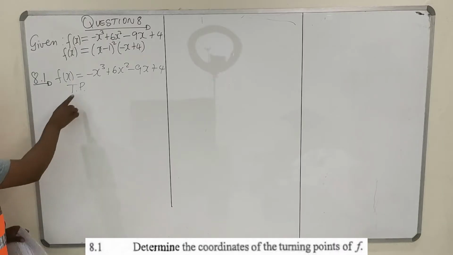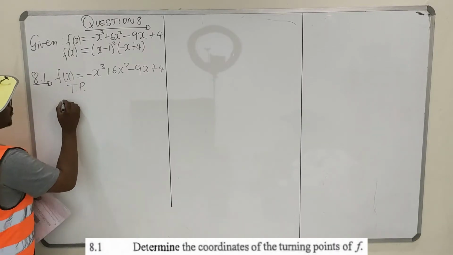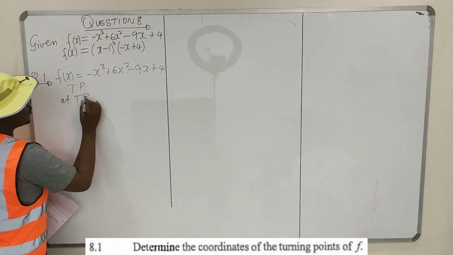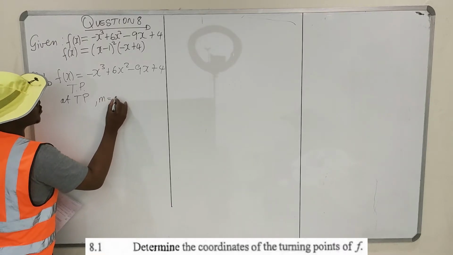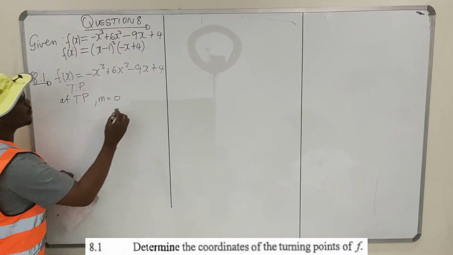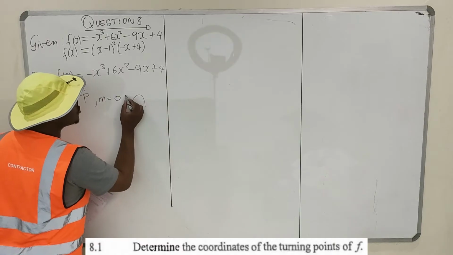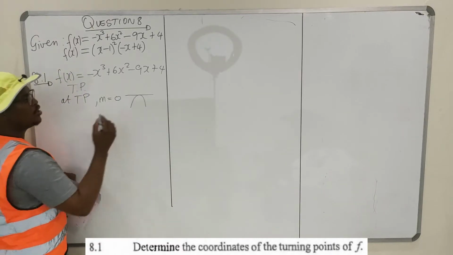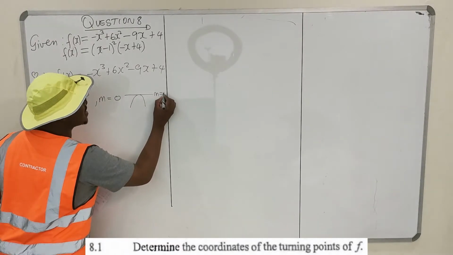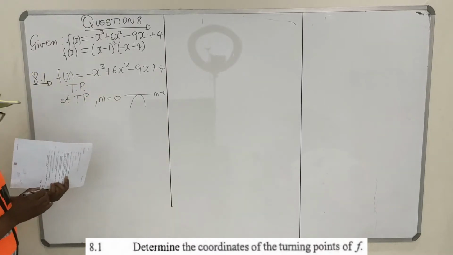So what do you know about the turning points? At the turning points, you know the gradient is called 0, because at the turning point your graph is turning, right? So if you draw a tangent there, it will be horizontal. So you know that the gradient of a tangent at a turning point is 0.